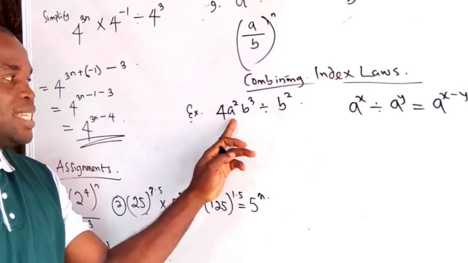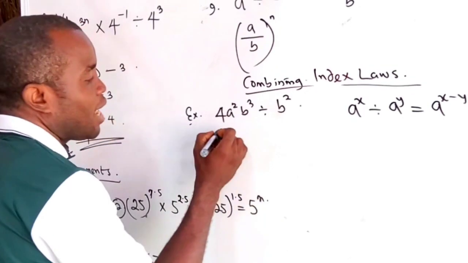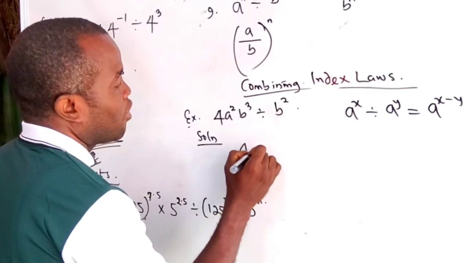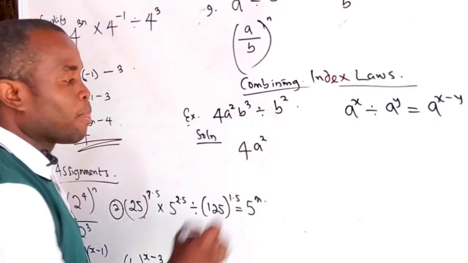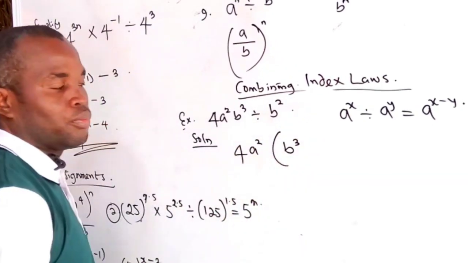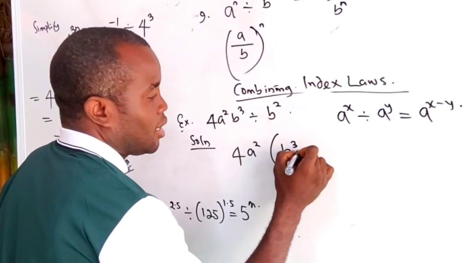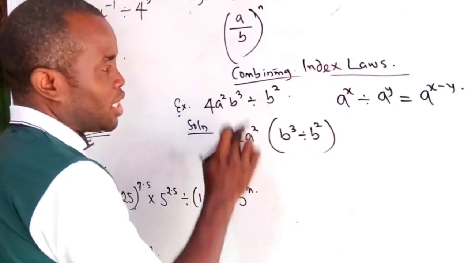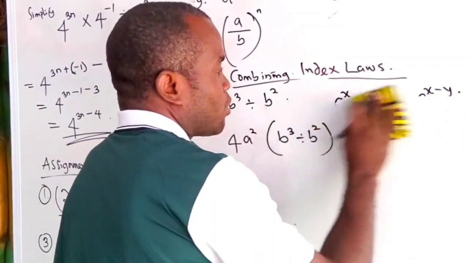So it's not going to be affecting a. So the solution: 4a squared, now you bring this one out, b cubed divided by b squared.